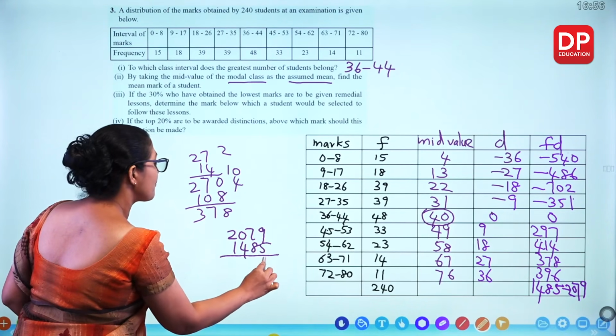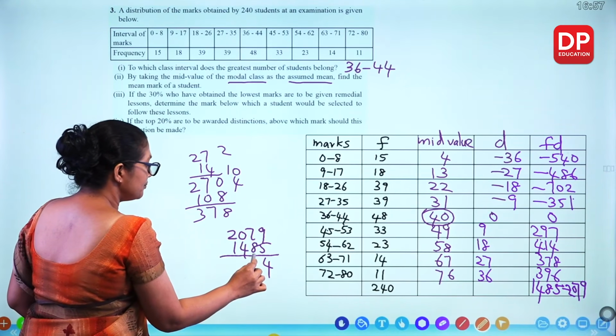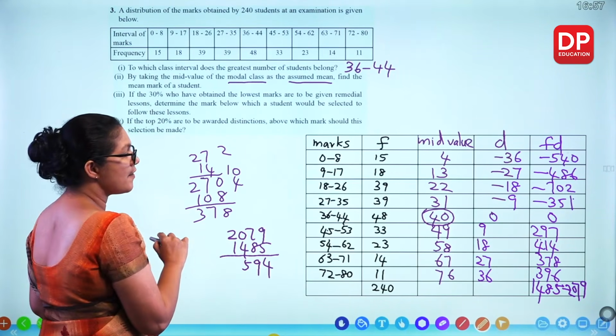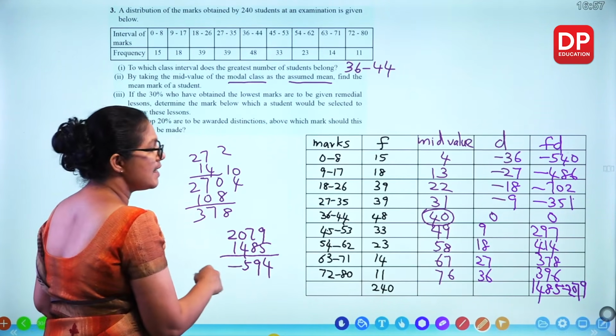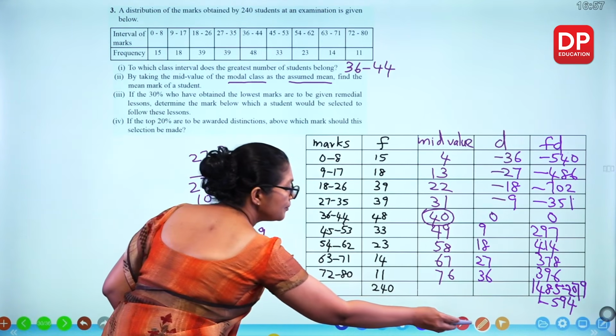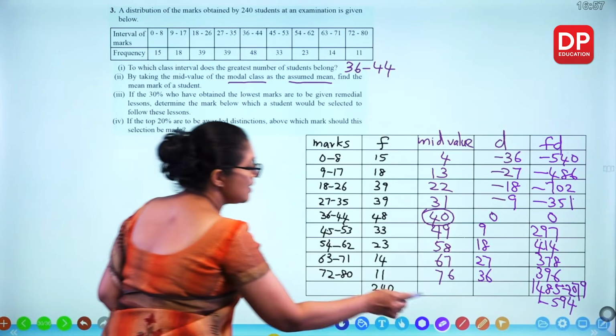2079 minus 1485. What's the difference? 594. That's negative. Now calculate the mean deviation.